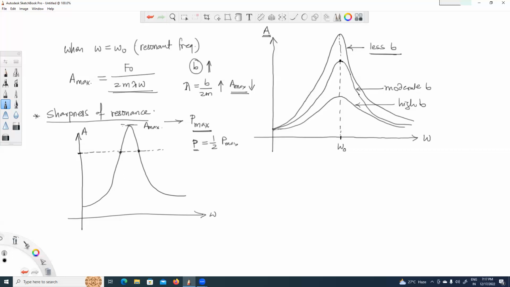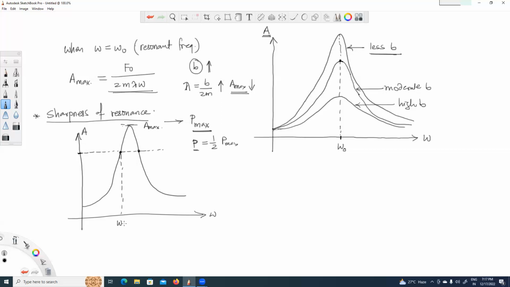These are the two frequencies for which the power dissipated in the system is half of the maximum power being dissipated by the system. These frequencies are called half power points.